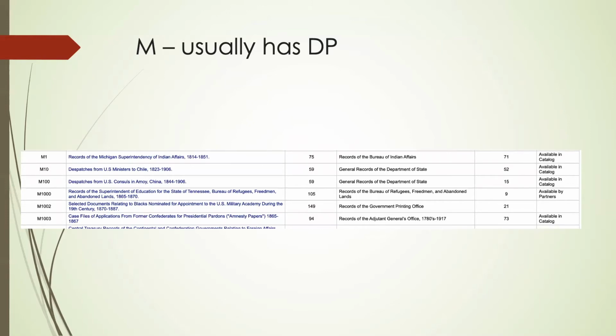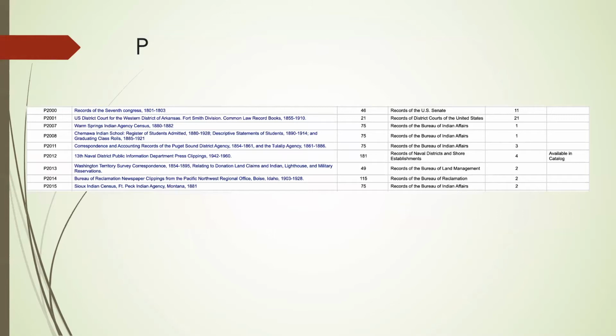An M usually means that the publication has a descriptive pamphlet and I'll talk about that in a bit. A P is a preservation copy, meaning that it generally came from an agency. A good example of preservation copies would be Navy ship muster rolls. So it could be another example of early preservation copies were ship manifest lists or ship passenger lists.